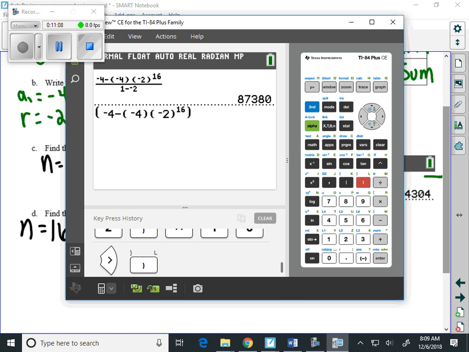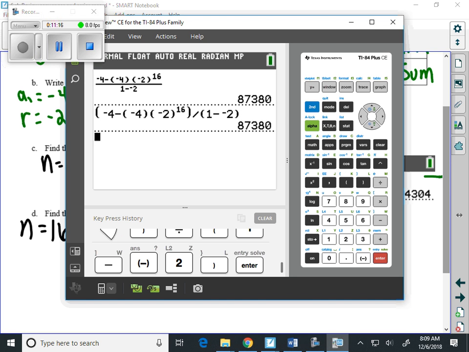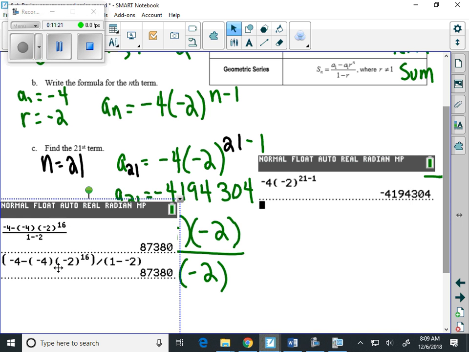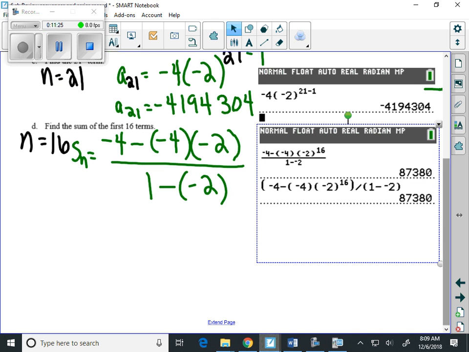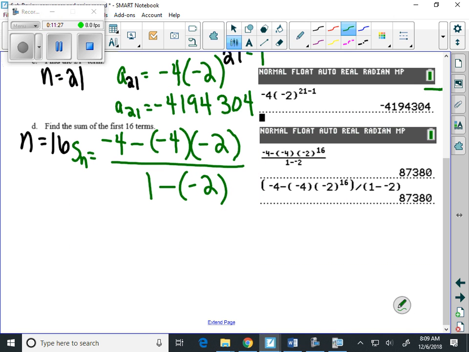That seems to be what some students are forgetting. Divided by parentheses 1 minus a -2, and we still end up with 87,380. So let's scroll down here, 87,380.